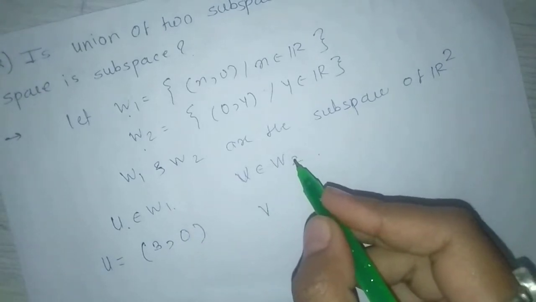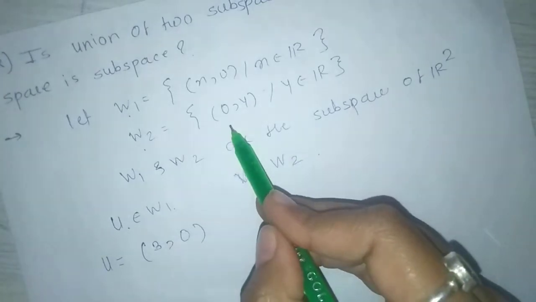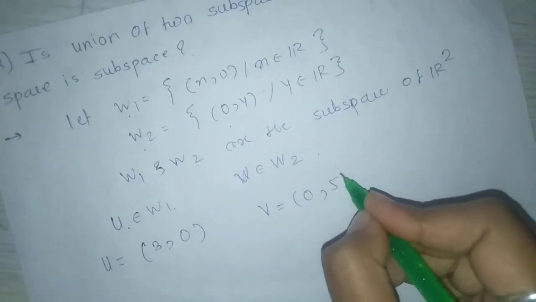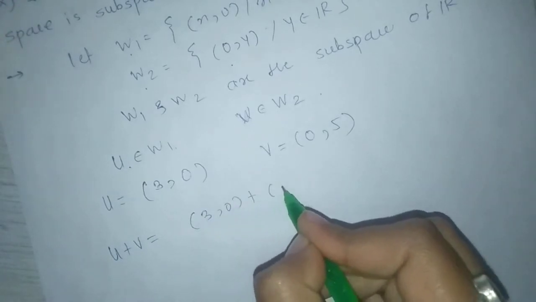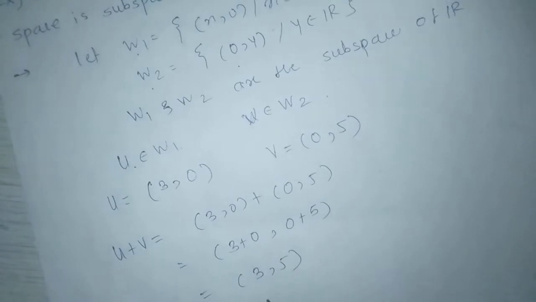V belongs to W2 means V is in the form (0, y). Take y equal to 5. Now add these two elements: U plus V equal to (3, 0) plus (0, 5) equal to (3 plus 0, 0 plus 5) equal to (3, 5).